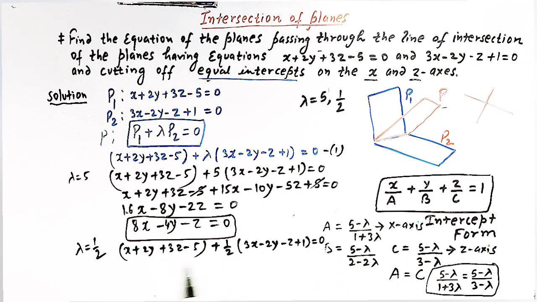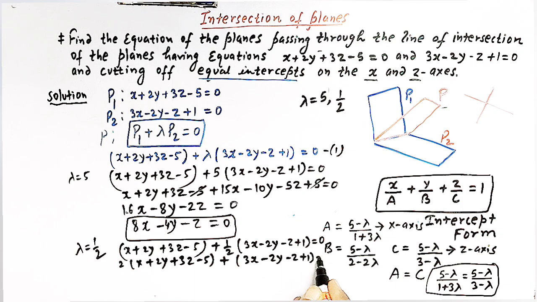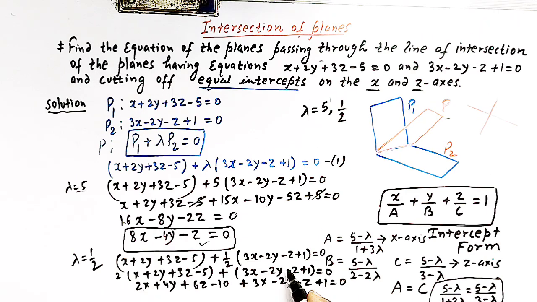So now multiplying throughout by 2, we can now write 2 times (x plus 2y plus 3z minus 5) plus 3x minus 2y minus z plus 1 is equal to 0. So we can now write 2x plus 4y plus 6z minus 10, and this is 3x minus 2y minus z plus 1 is equal to 0.